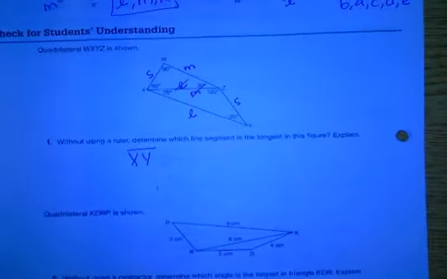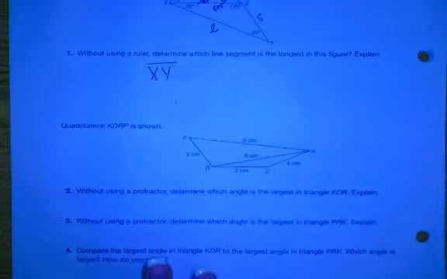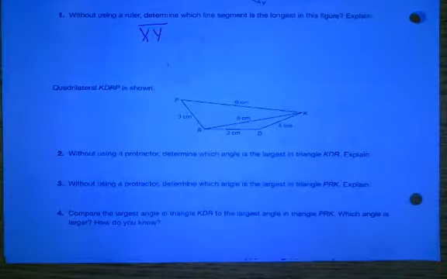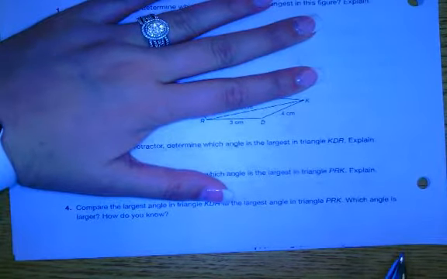Quadrilateral KDRP is shown. Without using a protractor, determine which angle is the largest in triangle KDR. In this triangle, which angle would have to be the largest?